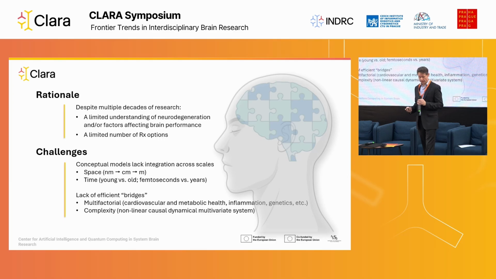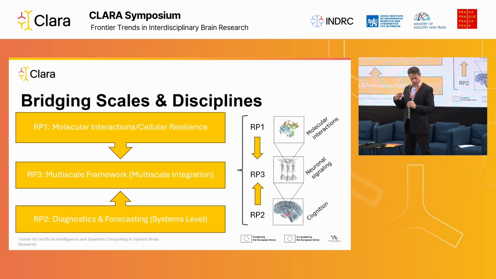And again, the brain is complex. The brain is a nonlinear, causal, dynamical, multivariate system. Again, a mouthful, not for the fun of saying it, it's just hard. All of these are studied at multiple scales, and within CLARA, there are different research packages, each trying to address one of these issues.